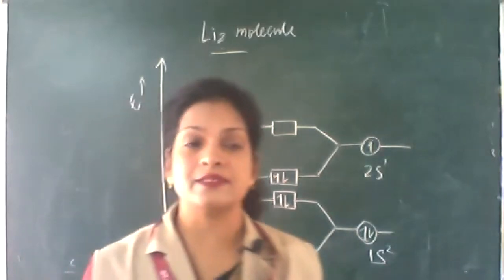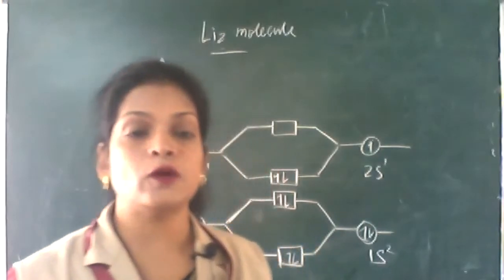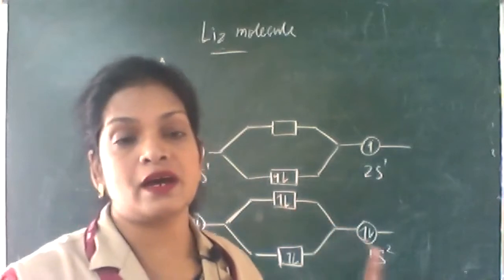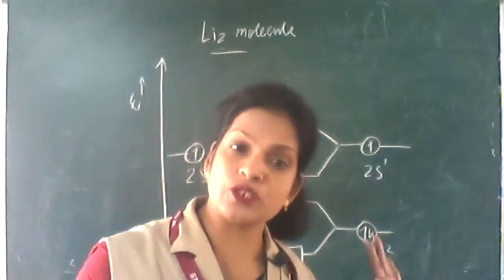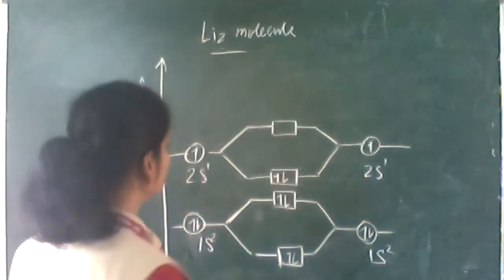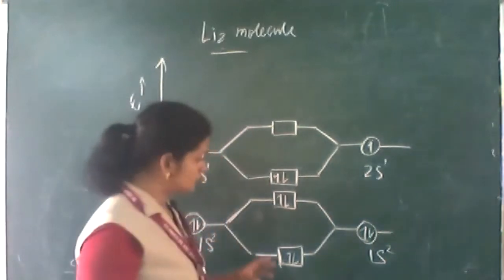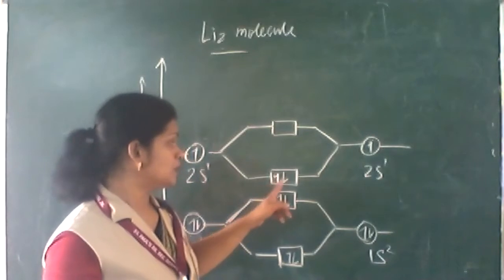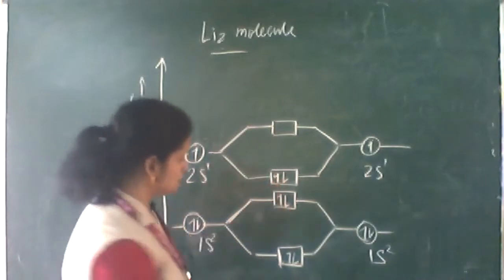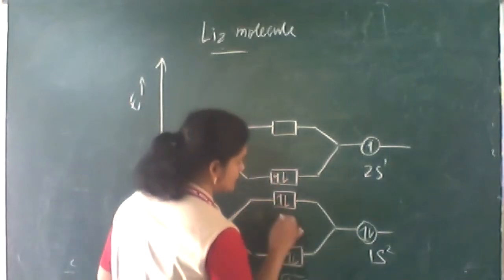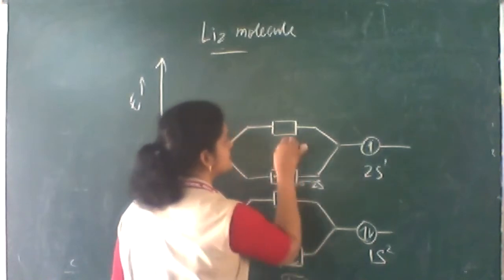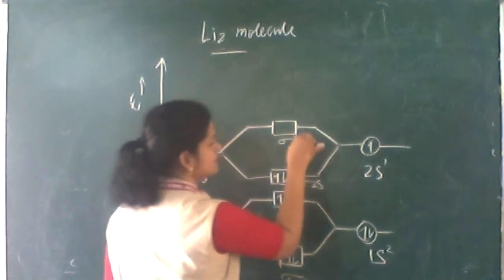That is, pairing does not take place until the degenerate orbitals of the same subshell are singly occupied. That will also be applied here. So lithium, is lithium stable? Yes, lithium is stable, because in the bonding molecular orbitals, this is sigma 1s, sigma star 1s, sigma 2s, sigma star 2s.